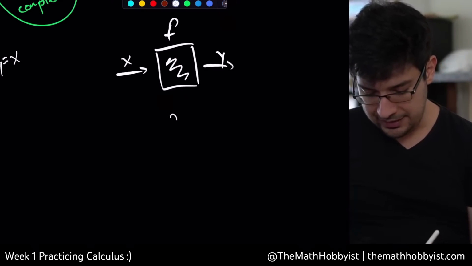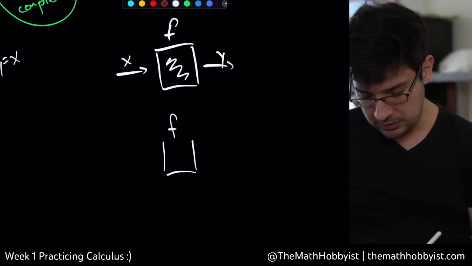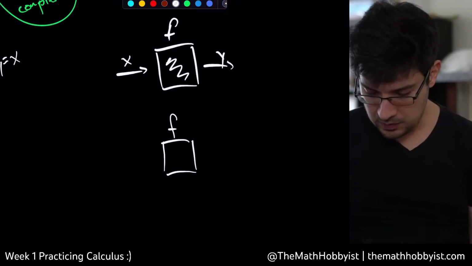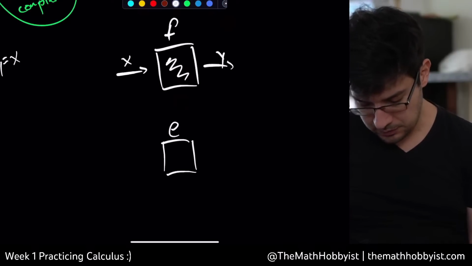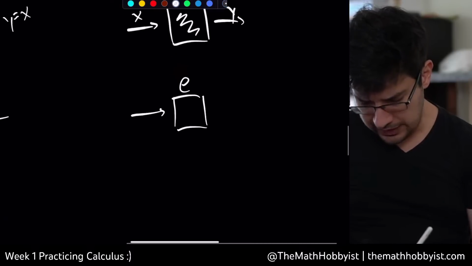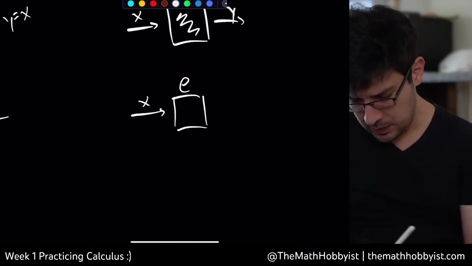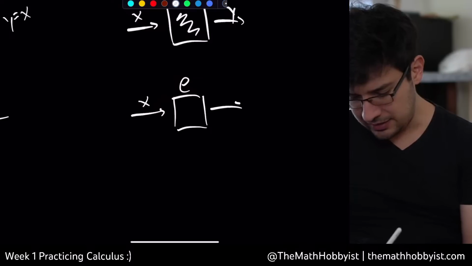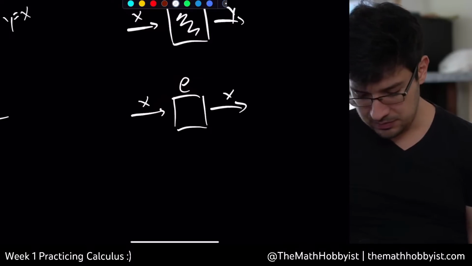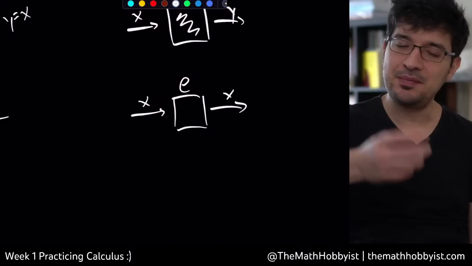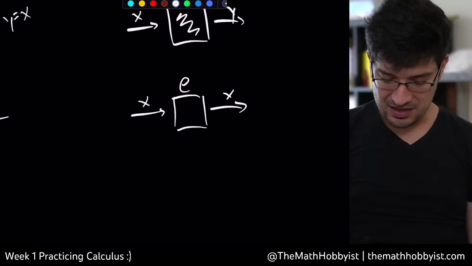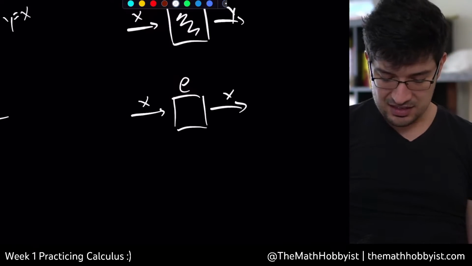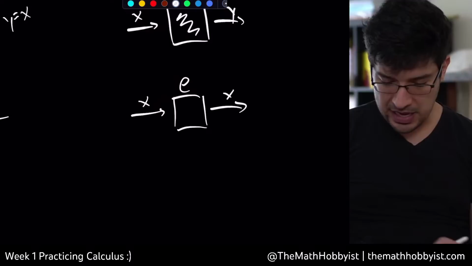The really lazy function, f, or maybe, I like to call it e. E is a lazy son of a bitch. It will just give you back exactly what you gave it. Like, you give it something and it's like, no, I don't want it. You can have it back. This, or E, is okay.